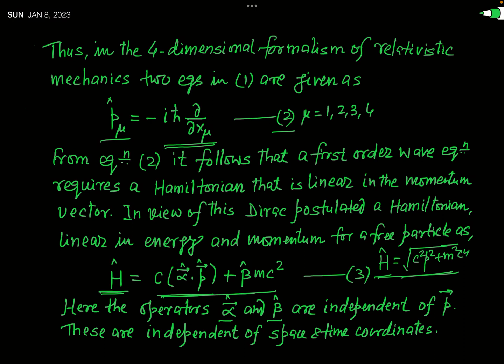When I say alpha, you should note that this is alpha hat. When I say p, you should note that this is p hat. And when I say beta, you should note that this is beta hat.